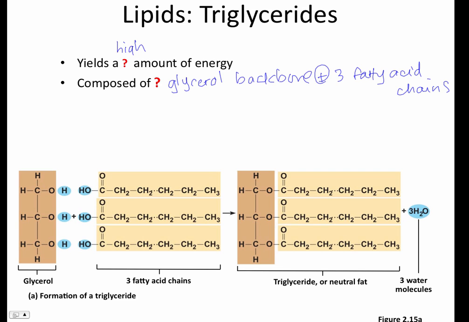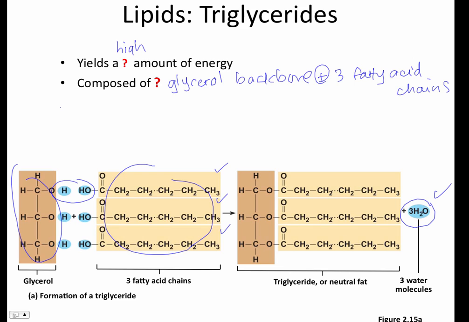And so here's what that looks like. Here's that glycerol. You have 3 fatty acid chains. Here's 1, 2, 3. And how do we form this to form that triglyceride? We're removing water, so this is dehydration synthesis. And in the process you give off water as a byproduct.